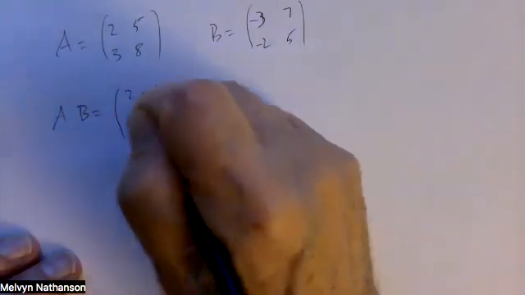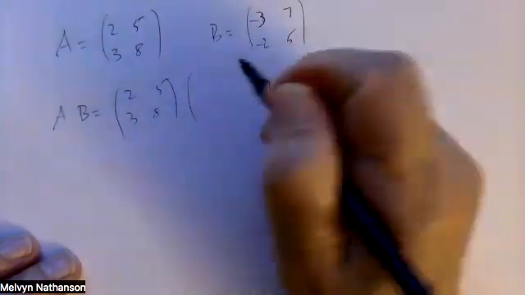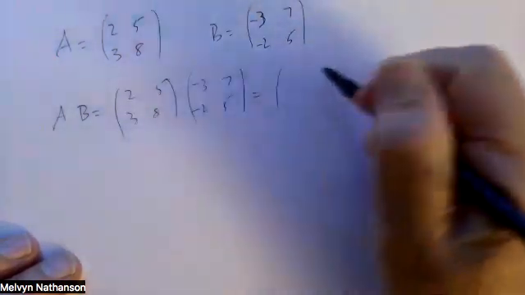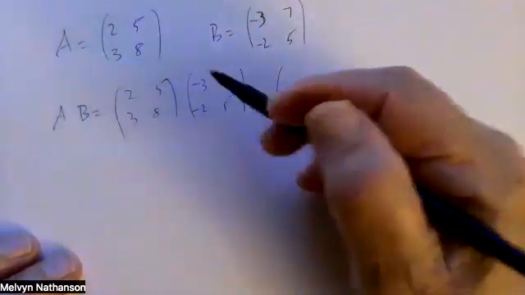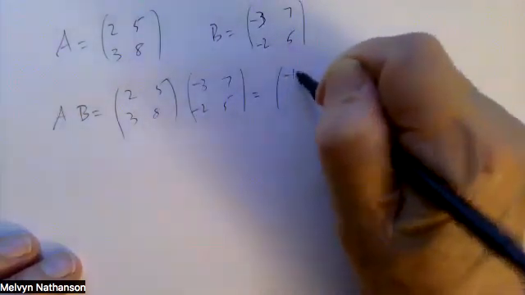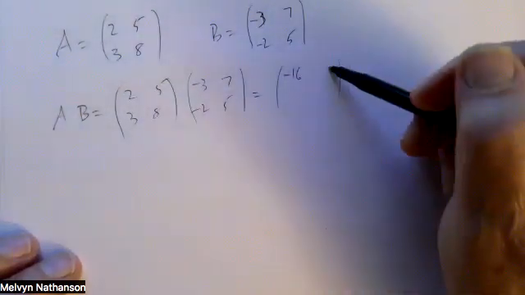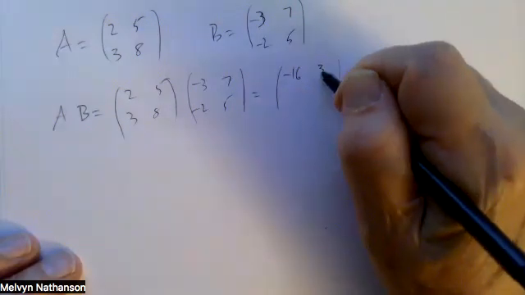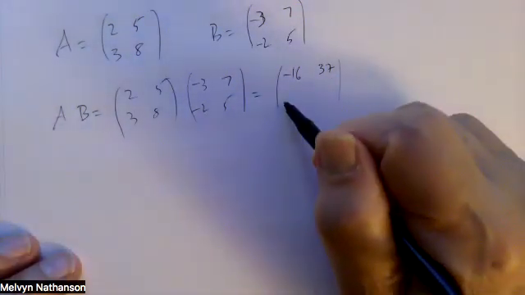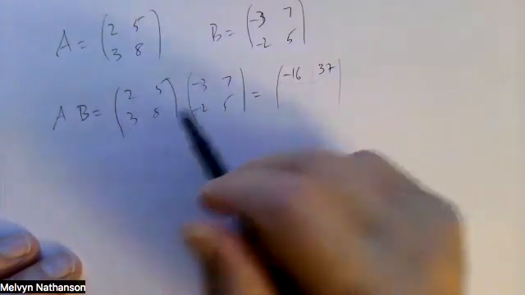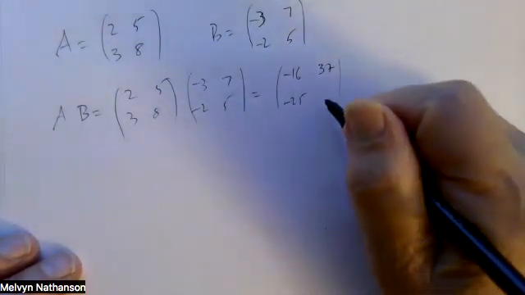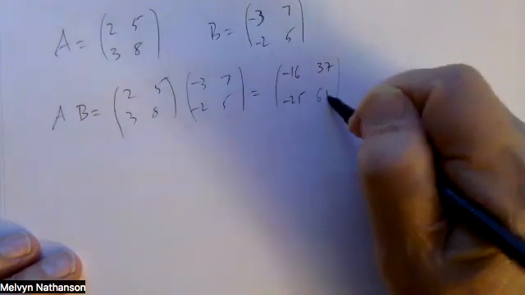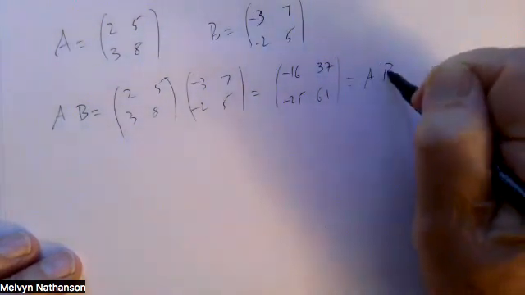What is A times B? It's going to be a 2 by 2 matrix. First row into first column, minus 6 minus 10 is minus 16. First row, second column, 14 plus 25, 39. Second row, first column, minus 9 minus 16 is minus 25. Second row, second column is 21 plus 40 is 61. So that's what the matrix AB is.